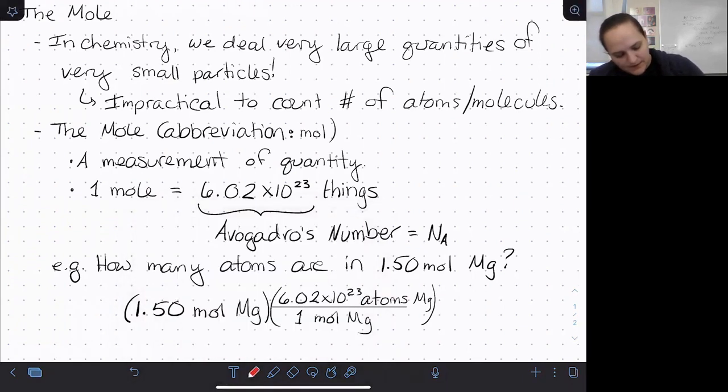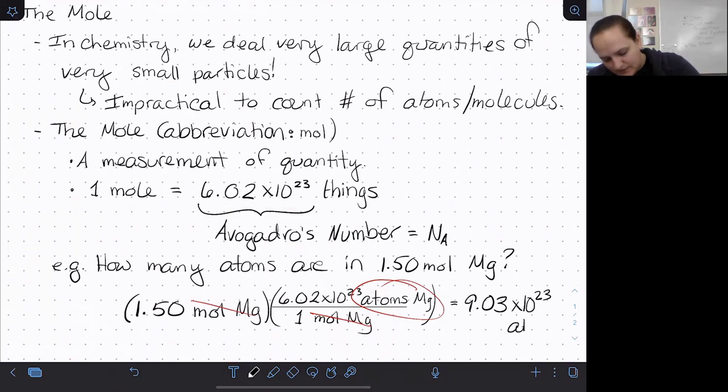So when we have it set up this way, moles cancels with moles. We are left in units of atoms, which is exactly what we are looking for. And we get about 9.03 times 10 to the 23rd atoms of magnesium present in that sample.